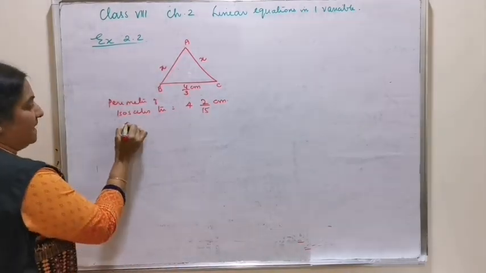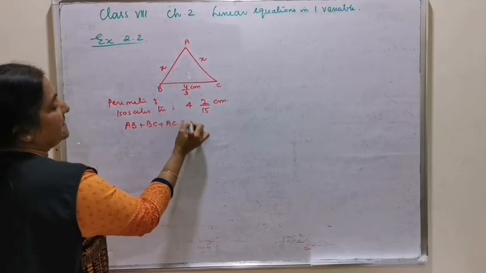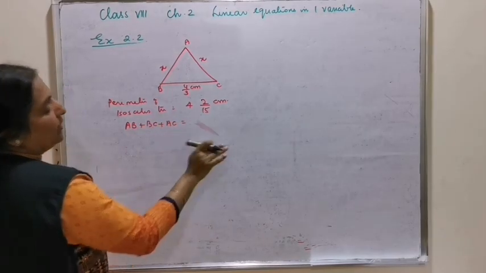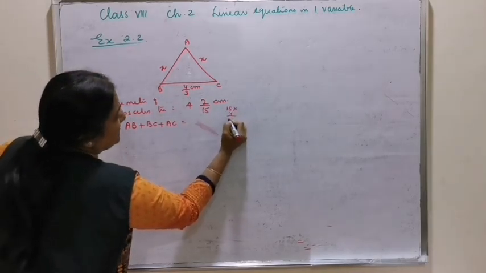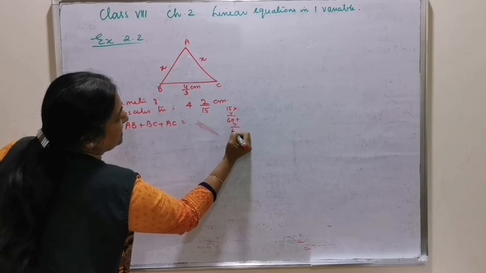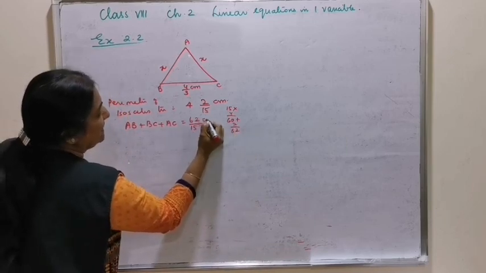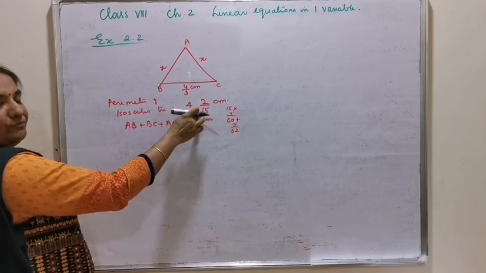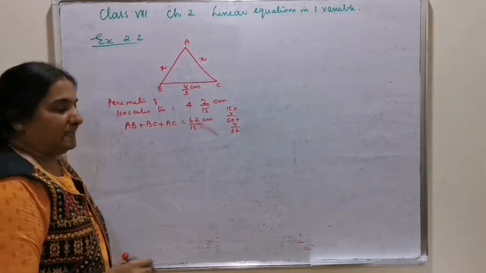That is, AB plus BC plus AC is equal to 4 and 2 by 15, which is 4 into 15, 60 plus 2, 62 by 15 centimeter.